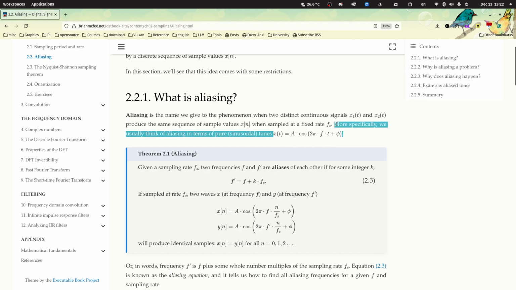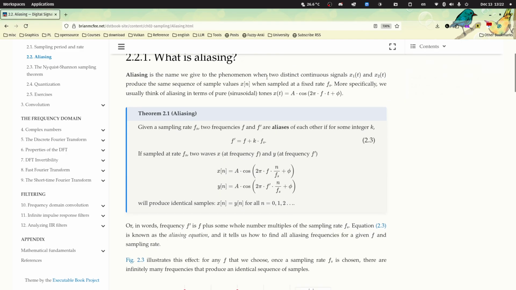As a result, if we understand the math of those, we basically understand the math of the whole signal, so we don't need to consider the more complicated signals.